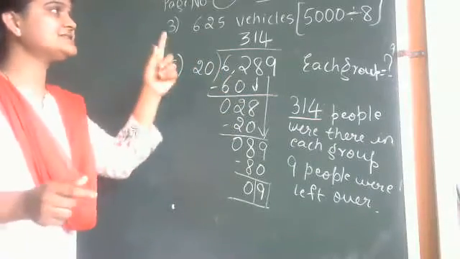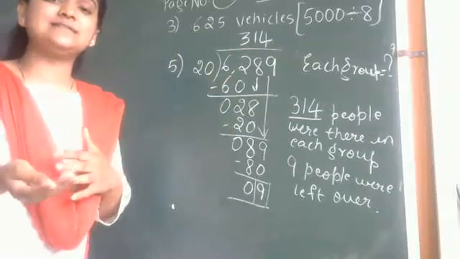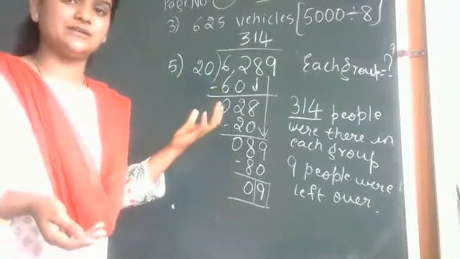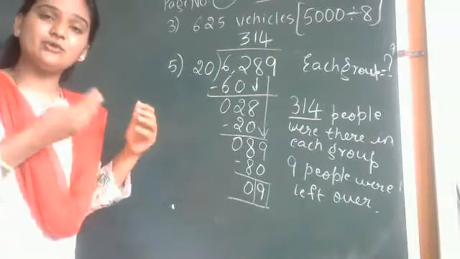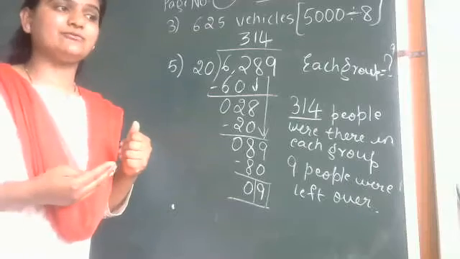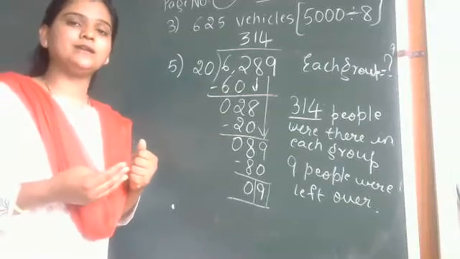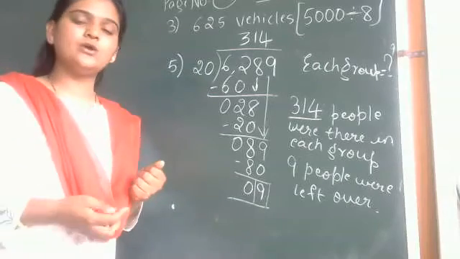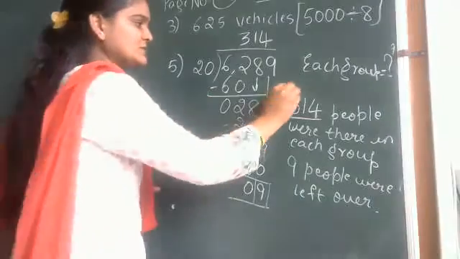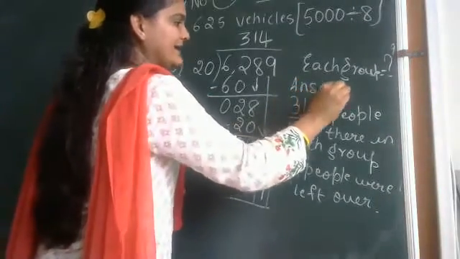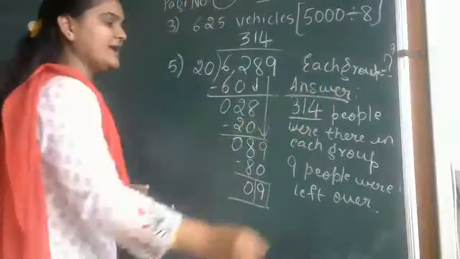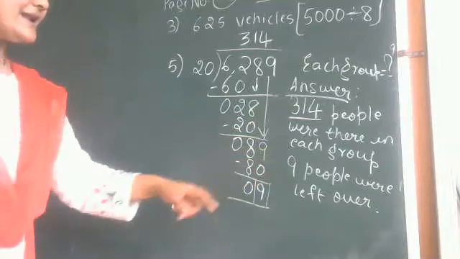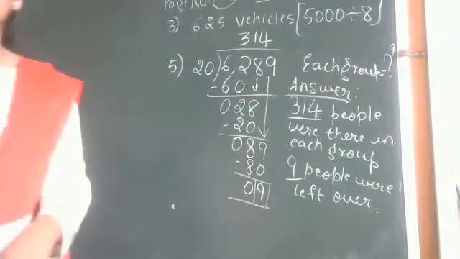Okay, so here since we have division lesson, you will tell very easily that the operation to be followed is division. Okay, but you will have to understand the problem, read carefully, and then come to a conclusion which operation to follow. Okay, so down answer you will be writing in this form. Okay, total 314 people and 9 people were left over.